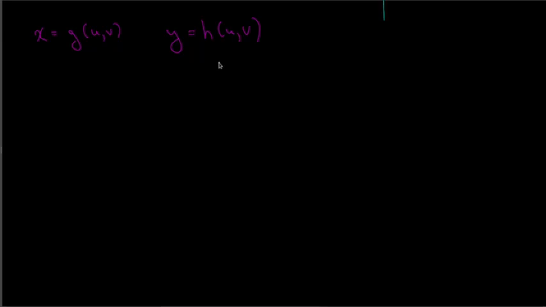So we assume we'll have one-to-one from the interior of G. So R is the image of G under the transformation, and G is the pre-image of R.